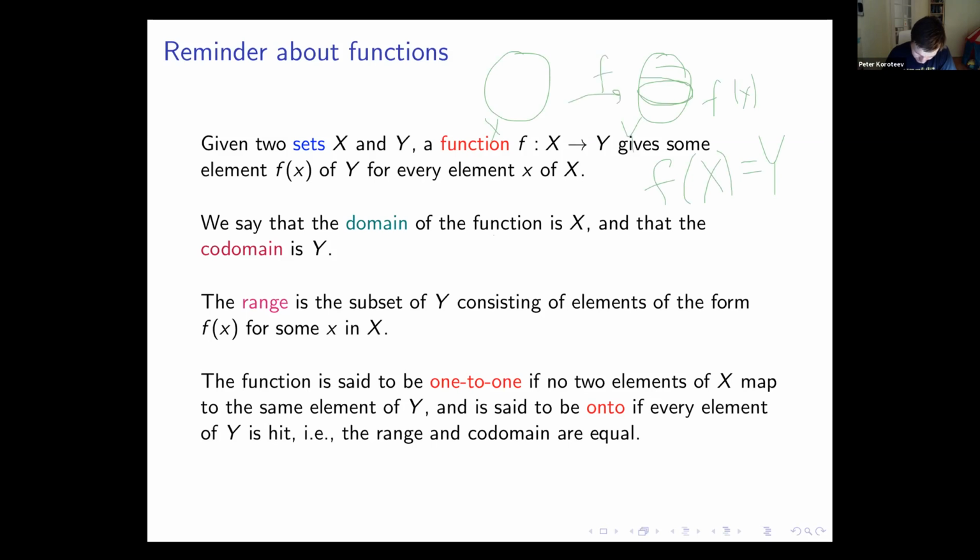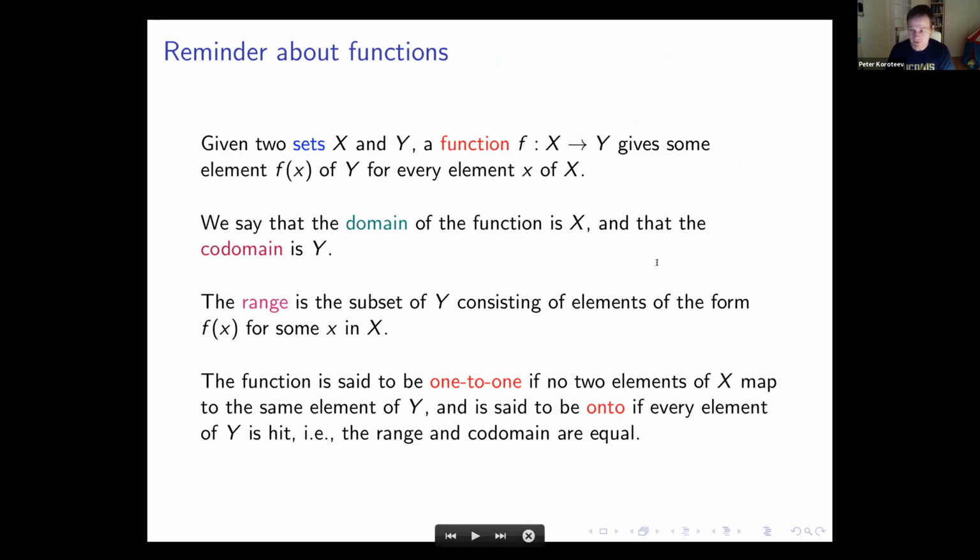So if f maps from x to y, and the image of the entire set, f of x, coincides with the codomain, then it's an onto map. And then of course there's a one-to-one and onto map. So that's where every two elements are sent to different ones, and the image of f is the entire codomain. Okay, good.